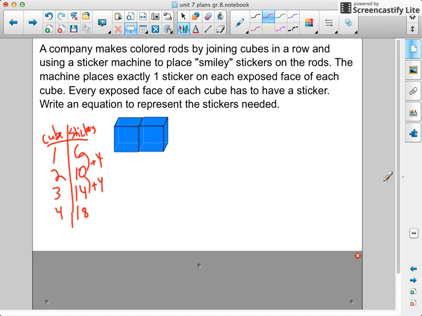Okay, so this cube I'm going to say is C, and my stickers could be S. All right, so the total number of stickers is going to be 4 times the number of cubes. Okay, it's 4C, because I'm increasing by 4 every extra cube. But I can't forget my constant there. It's plus 2. So that's going to be my equation.